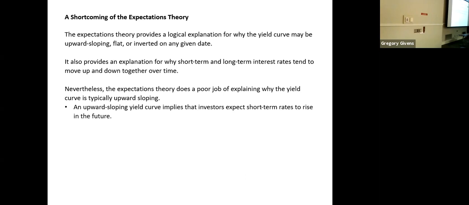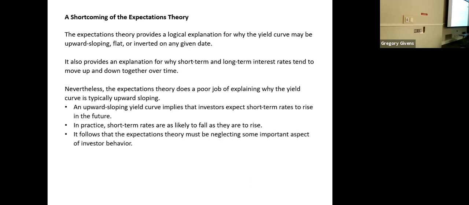Well, if the yield curve has historically usually been upward sloping, then what that implies is that investors must think that interest rates are going to rise a lot more often than they think they're going to fall. Well, we know from interest rate data that interest rates go up with about the same probability as they go down over time, okay? So in practice, these short-term rates are just as likely to fall as they are to rise.